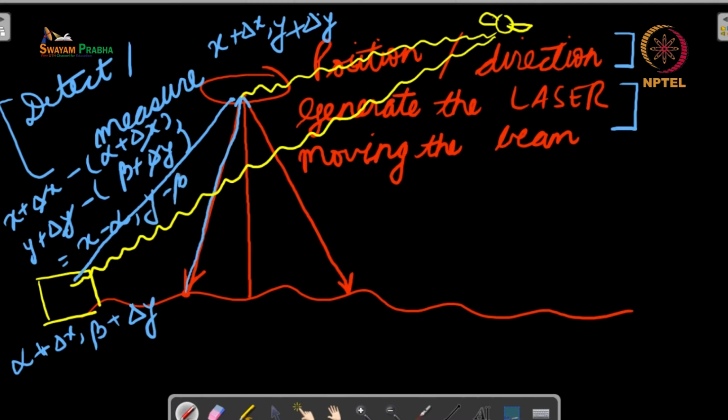Because this is a fixed station, we know alpha and beta very well. So the position of the aircraft can be very easily and very accurately computed.